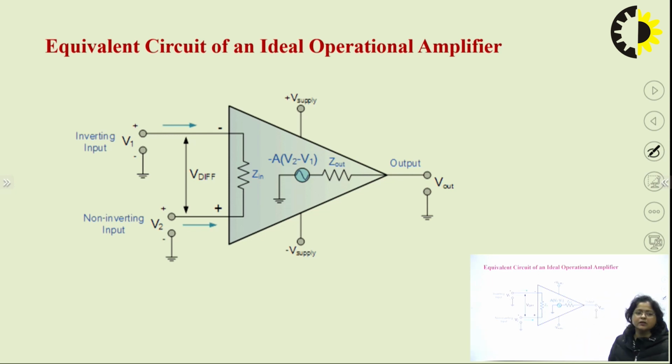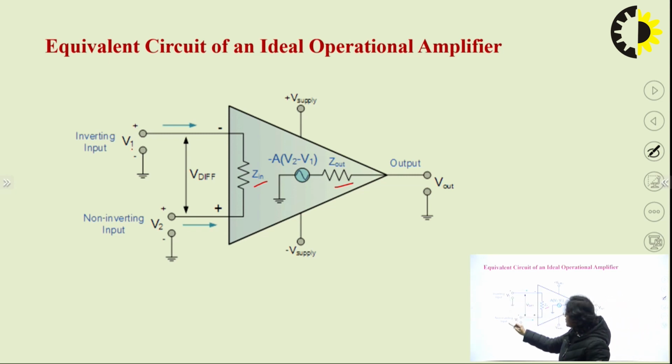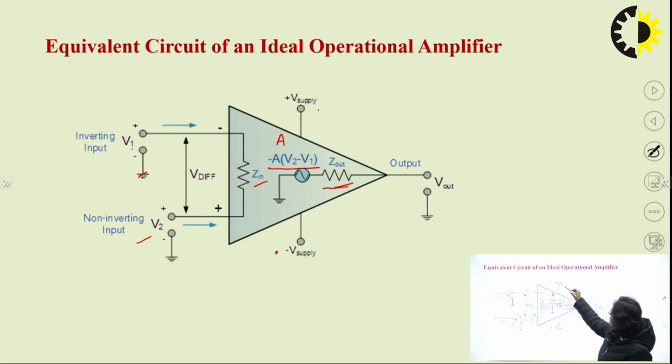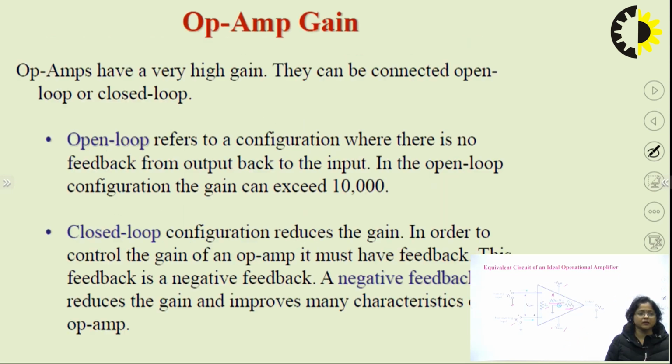The overall functioning is equivalent to a circuit with input impedance Zin, output impedance Zout, and both terminals with input voltages V1 and V2. The output is the difference of inputs multiplied by gain, that is A into V2 minus V1, and this is passed through output impedance Zout to the final output terminal. This IC is powered with plus and minus VCC supply.